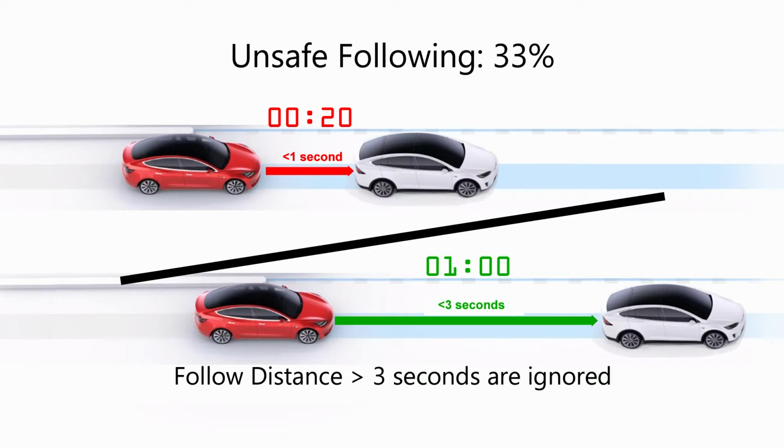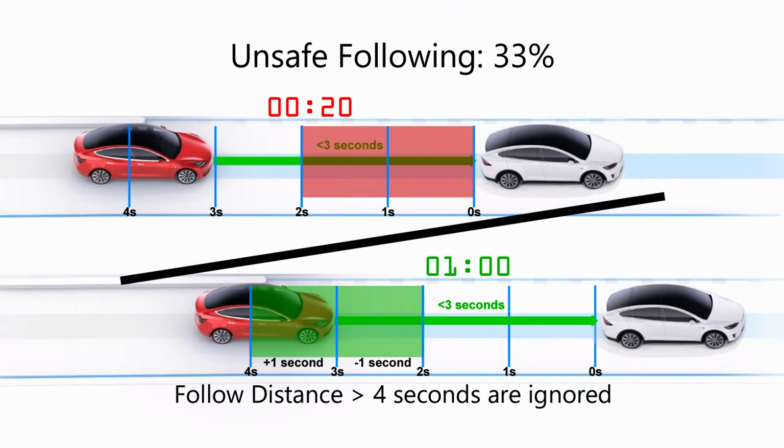If true, that means the safe distance is between 1 and 3 seconds behind the car in front of you. Yikes. What I hope that meant was the safe window was 3 seconds behind plus or minus a second, because that does offer a little more room to work, but that's not how Tesla defines the window.